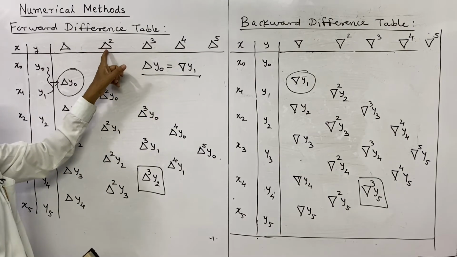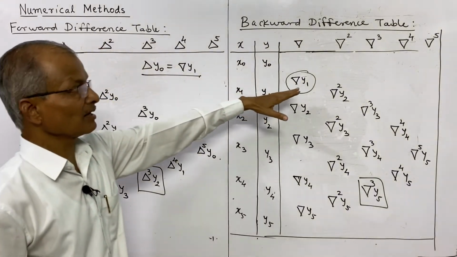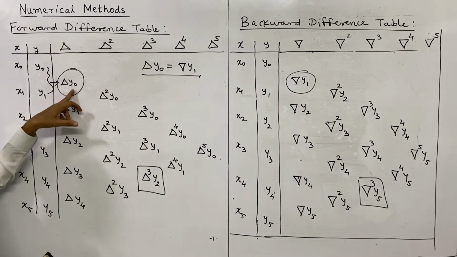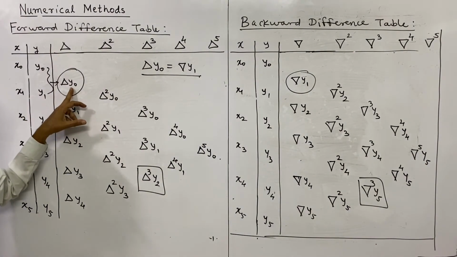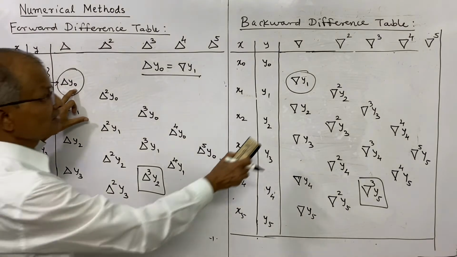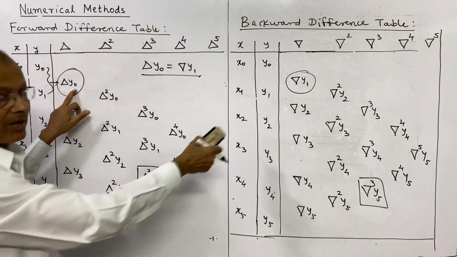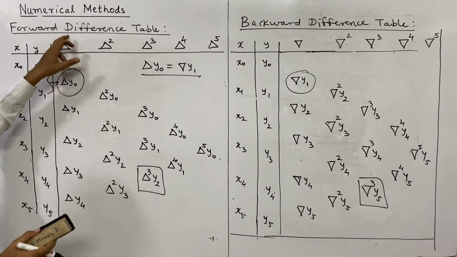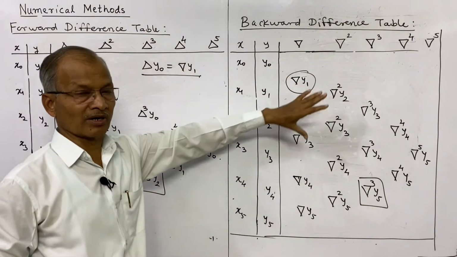Here it is a delta and here it is a del, and not only that, the y value is also different. This is delta of y0 and this is del of y1. So this is to be noted between the forward difference table and the backward difference table.